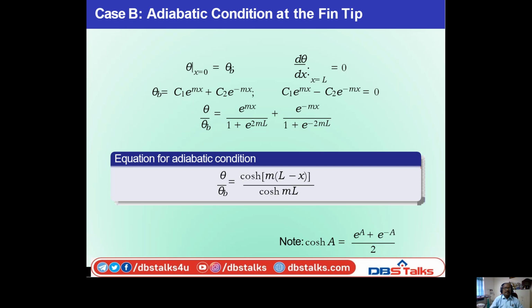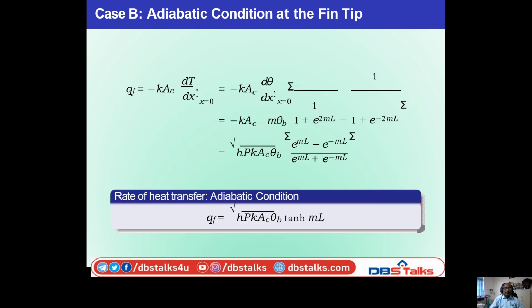For the heat transfer equation, heat transfer equals minus kA into dT by dx. Instead of dT by dx, you take d theta by dx, which we can find at any point. Let us take x equal to 0, the starting point.